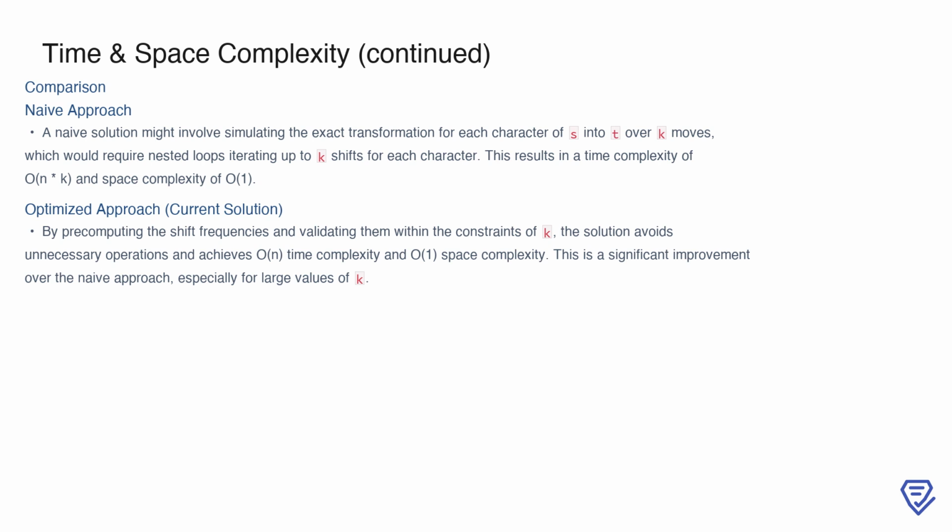In contrast, the optimized solution pre-computes shift frequencies and validates them within the constraints of k, avoiding unnecessary operations. This achieves a much better time complexity of O(n) and space complexity of O(1). The improvement is particularly significant when k is large, as the naive approach scales poorly in such cases.